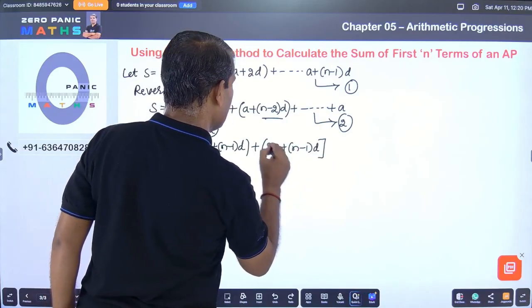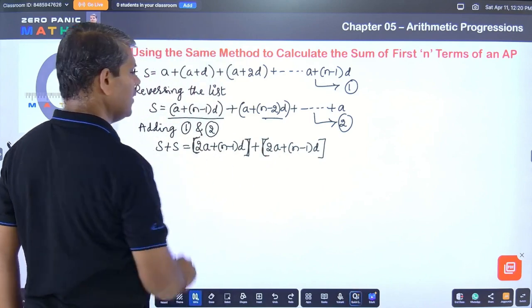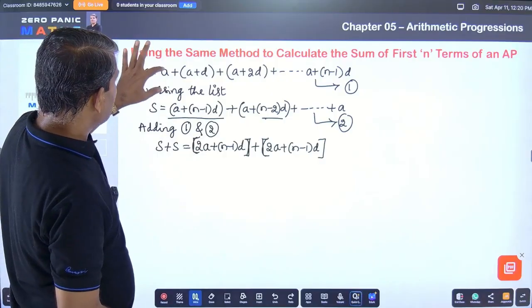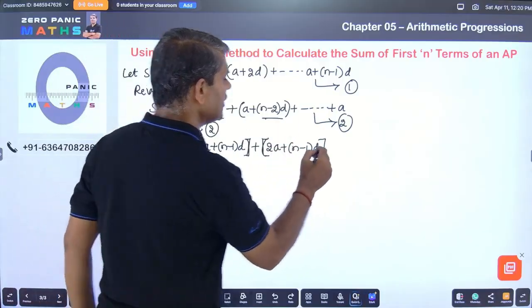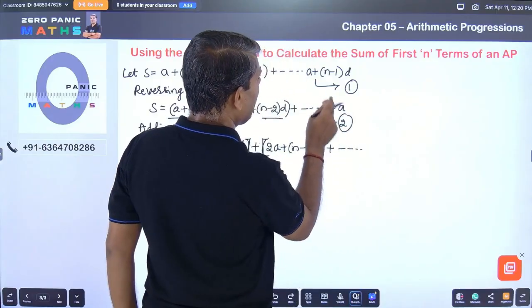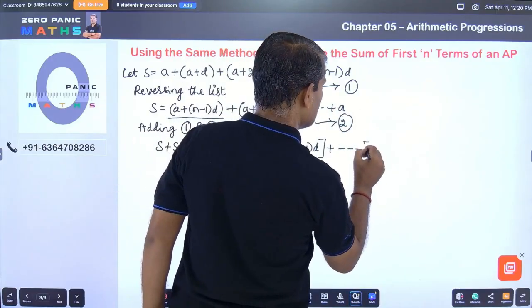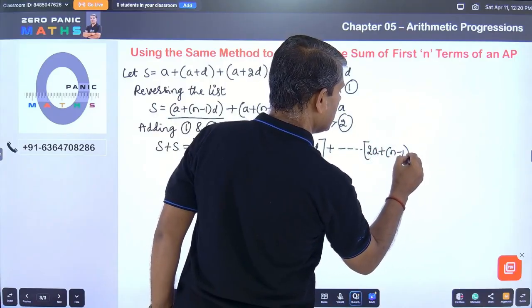Hope you're getting this. So going on adding first term to first term, second term to second term, finally we get a plus a, it is 2a, and the remaining is n minus 1 into d.